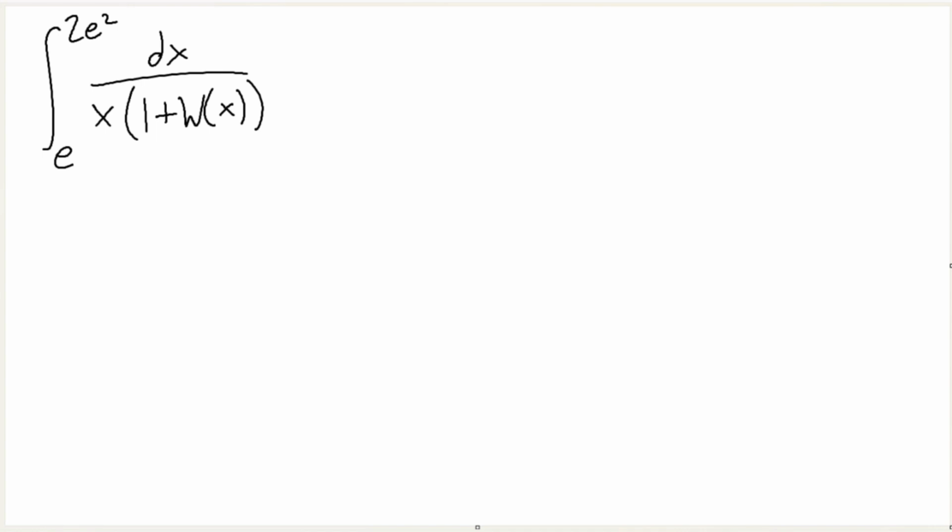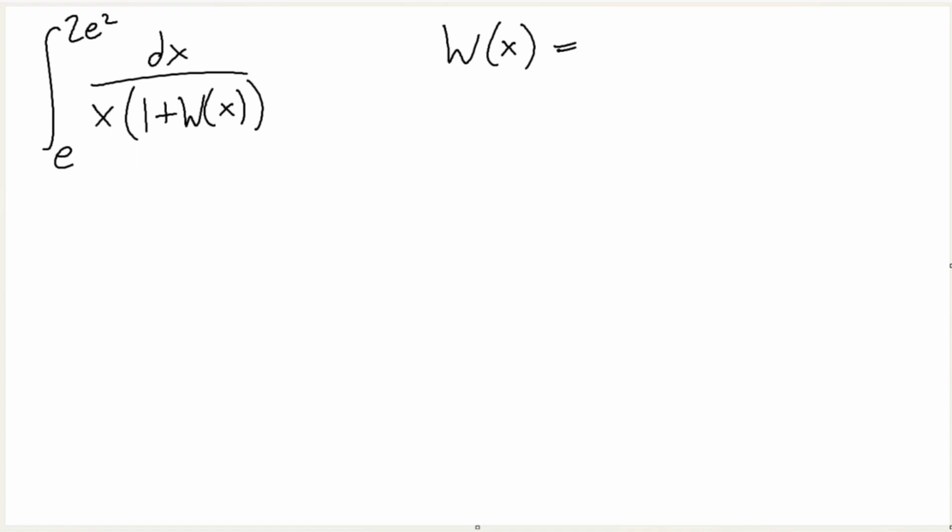Do not freak out. Just calm down. I am throwing this at you for awareness purposes. If you're wondering what the hell is that big W letter, this is the Lambert W function.